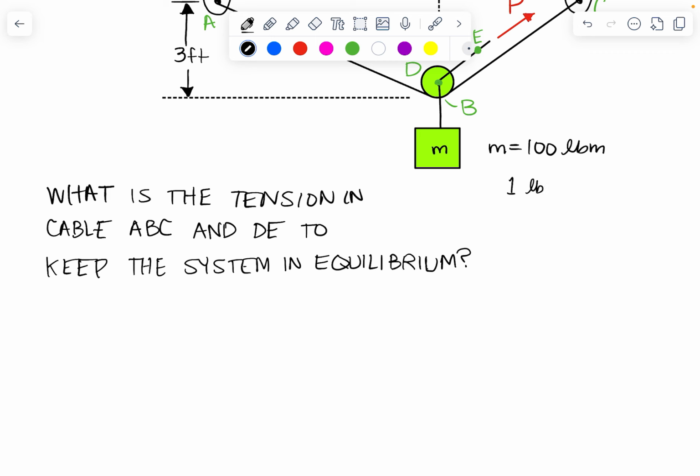So remember that 1 pound force is equal to 32.2 pounds mass times feet per second squared. So I'm basically taking 1 pound mass times 32.2 feet per second squared, that's acceleration of gravity. That's equal to 1 pound force. So if I divide 100 by 32.2, 100 divided by 32.2, what I'm going to get is 3.11 slugs.